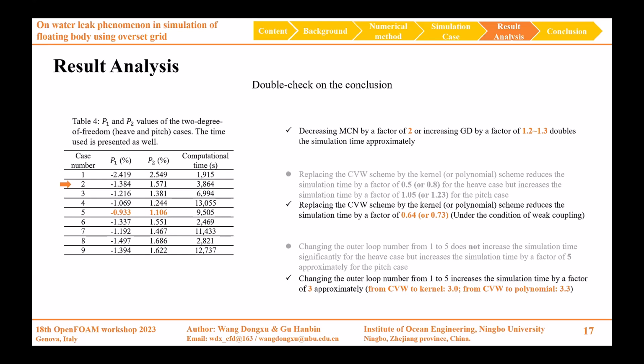The first conclusion is okay, and the second may become: replacing the cell volume weighting scheme by the canal or polynomial scheme reduces the simulation time by a factor of 0.64 or 0.73. This is under the condition of strong coupling. And the third conclusion may be modified as: changing the outer loop number from 1 to 5 increases the simulation time by a factor of 3.